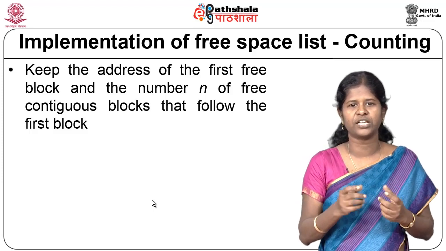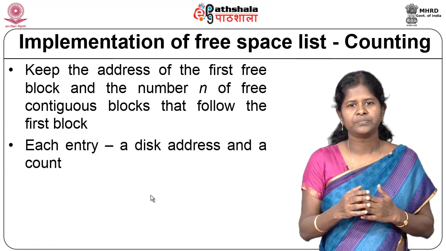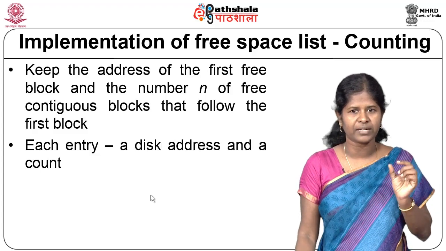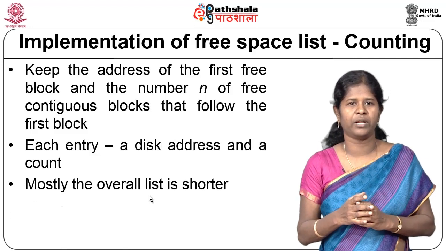So 5, 6 need to be maintained. The advantage is that you will have fewer entries. Each entry will be a disk address and a count, and the overall list will be shorter.